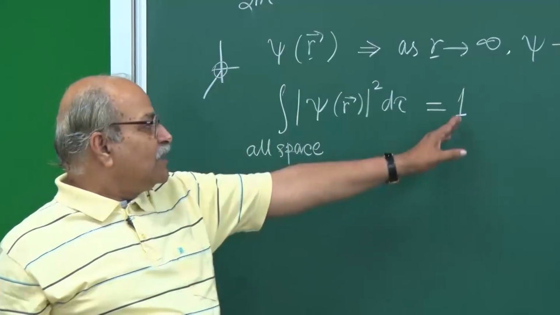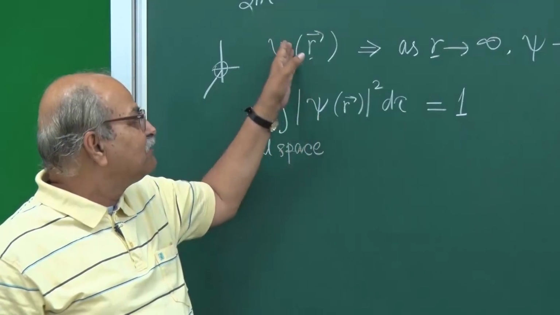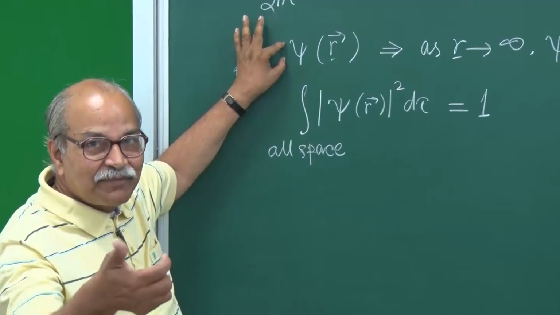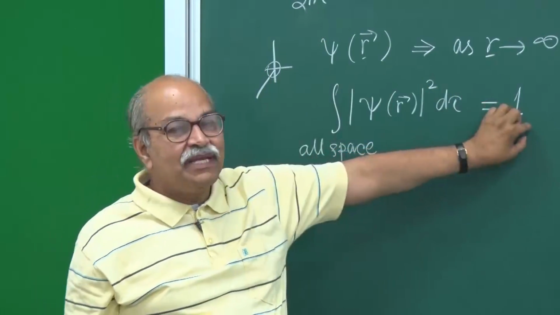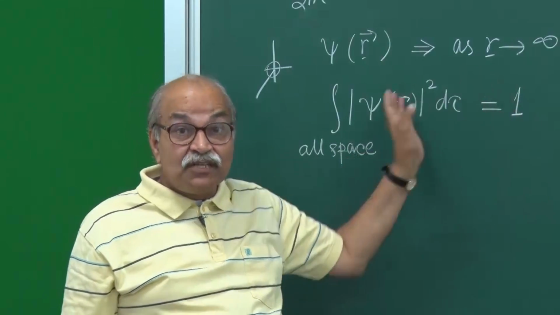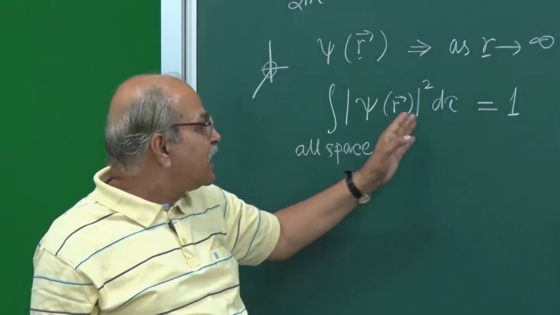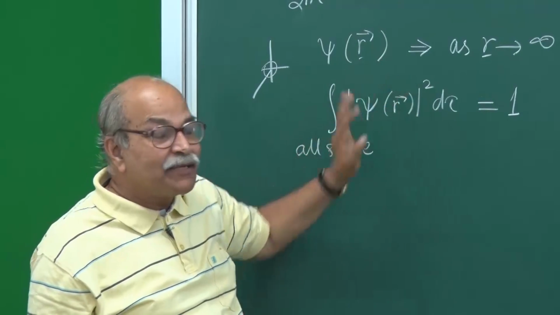If it is not 1 but some finite quantity, I will just multiply my wave function by some constant. That doesn't change the character, the functional form remains the same. So I can always make it 1. But if this goes to infinity, then I cannot do that. So we say that this wave function should be square integrable.